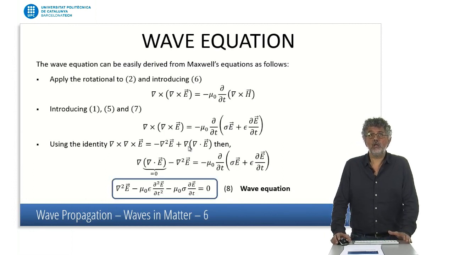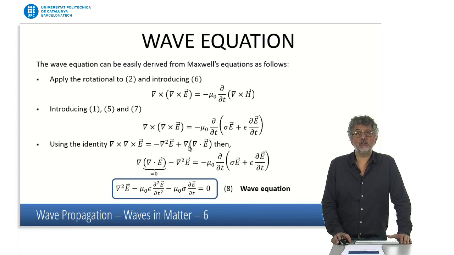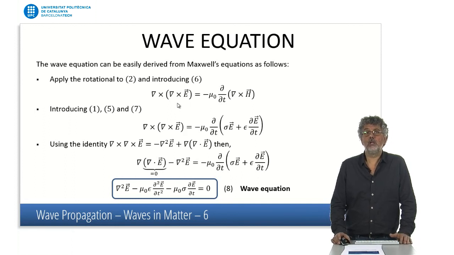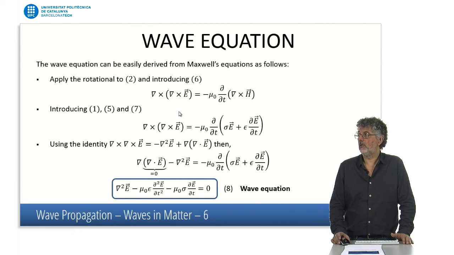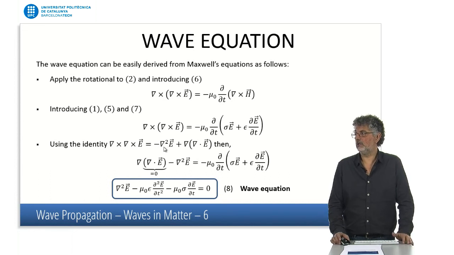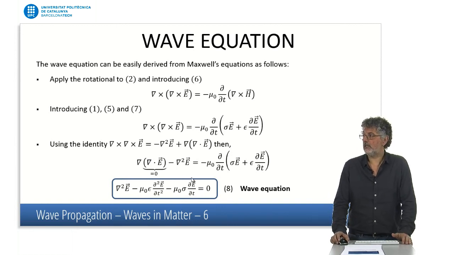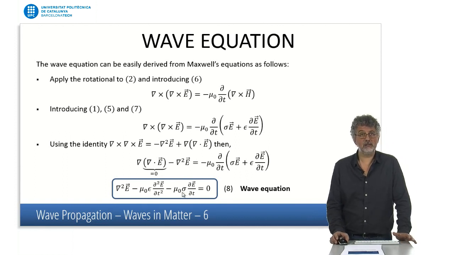So now we're going to derive the wave equation from Maxwell's equations, as we had done previously, taking the curl in Ampere's and Faraday's law, remembering that the curl of the curl is minus the Laplacian plus the gradient of the divergence, and we end up with a wave equation that, if we compare with the wave equation in free space, we see that we have this additional term that appears when the conductivity is different than 0.